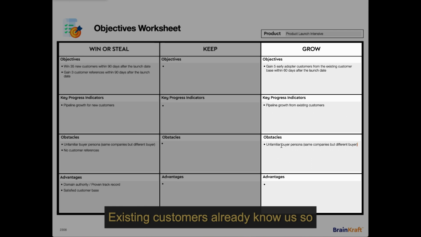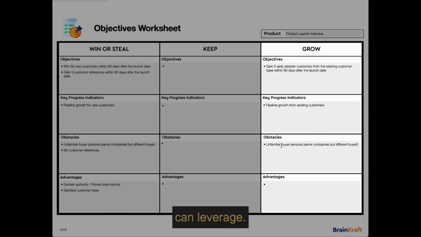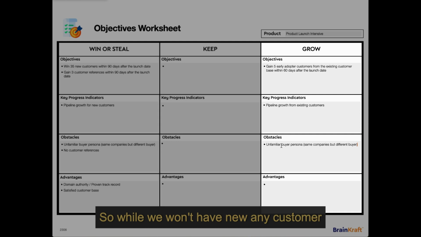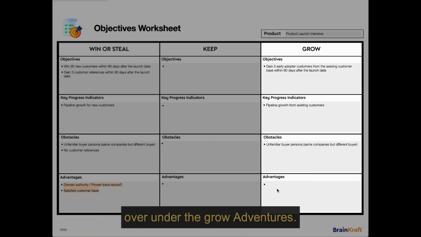Our existing customers already know us, so there's an element of trust we can leverage. So while we won't have any customer references for the new product, at least we already have a track record working with them with other products and have built mutual respect and authority with them. Now, what are our advantages? They're pretty much the same. So let's just copy those and paste them over under the grow advantages.